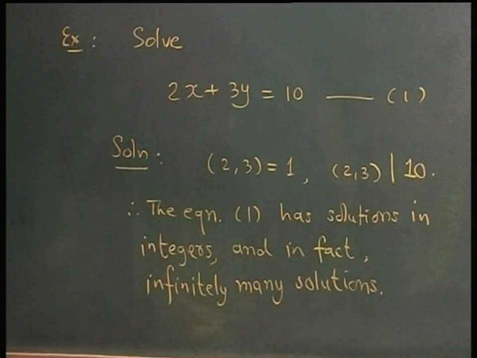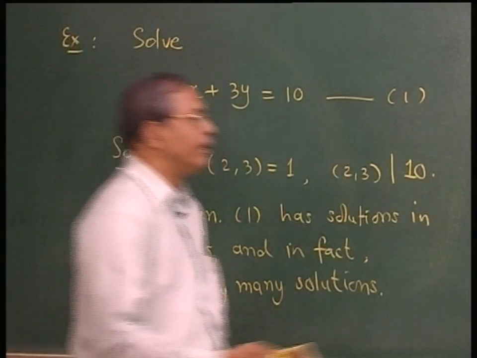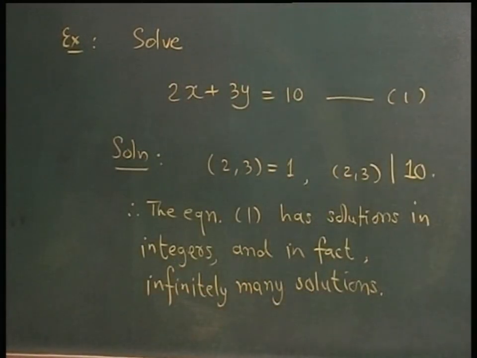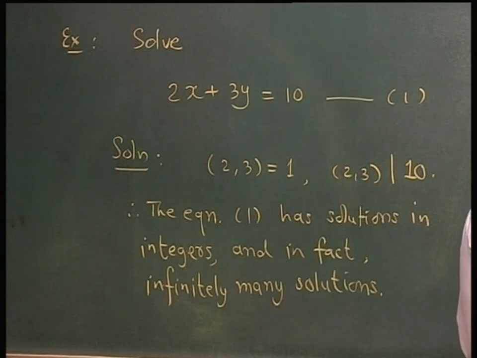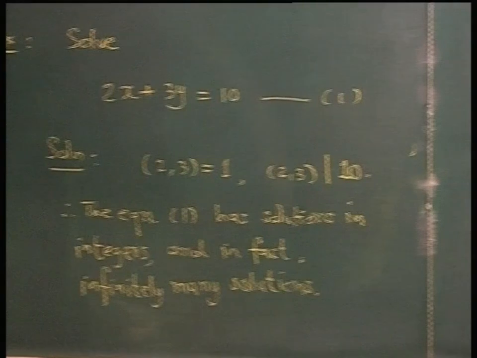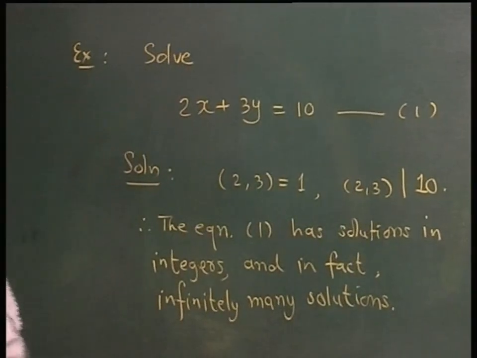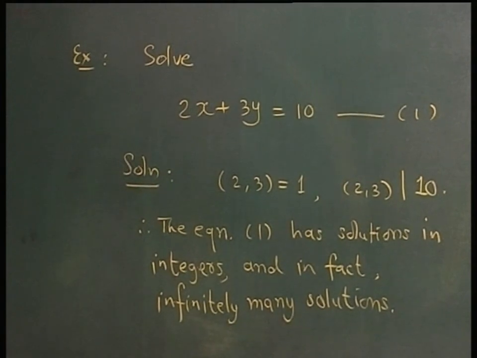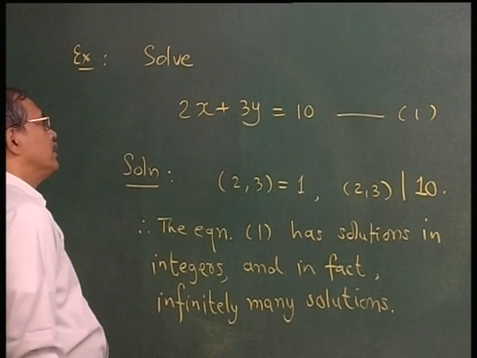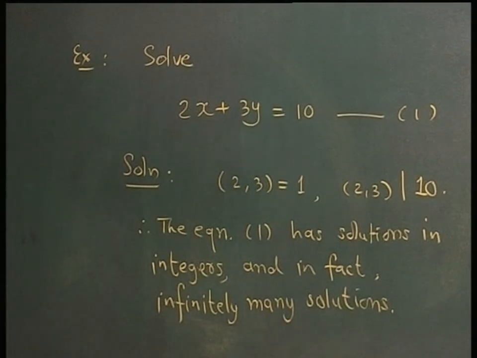And how do you get these solutions? In terms of a parameter. The solutions, so you should find out first of all one solution. This one solution you can get by trial, or you express g as a combination of the given numbers, and from that you can get.